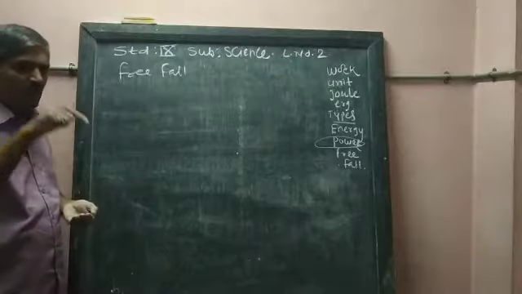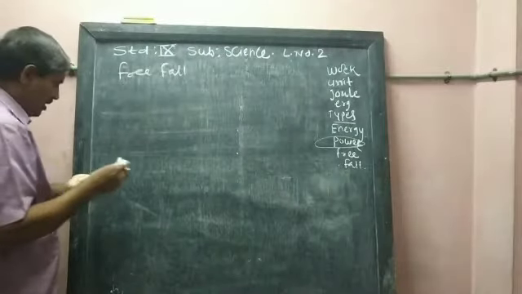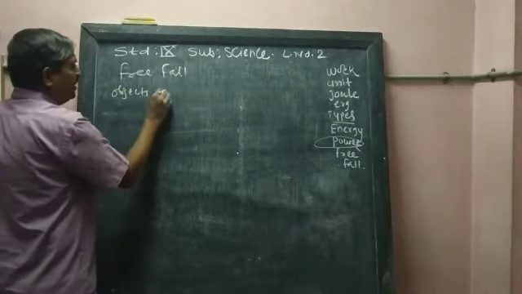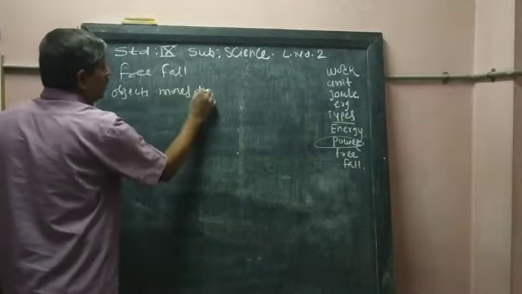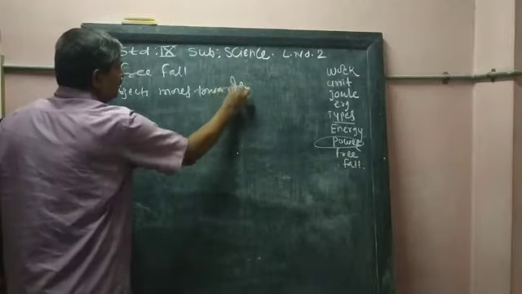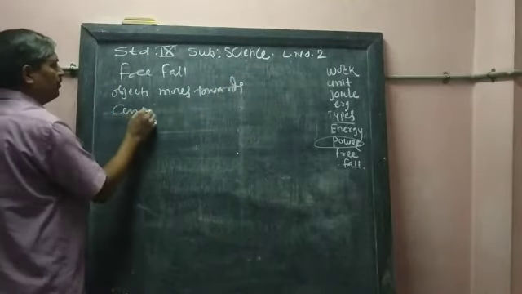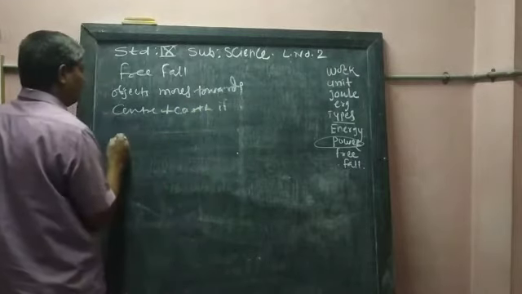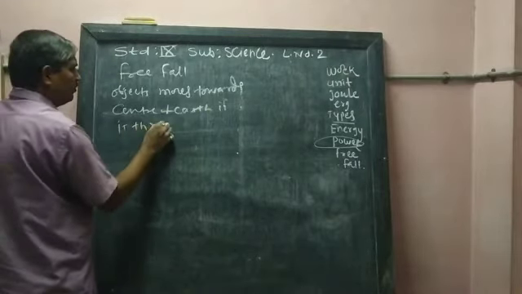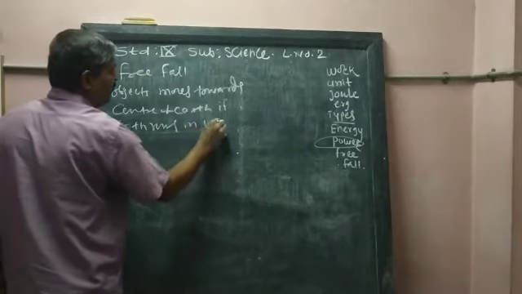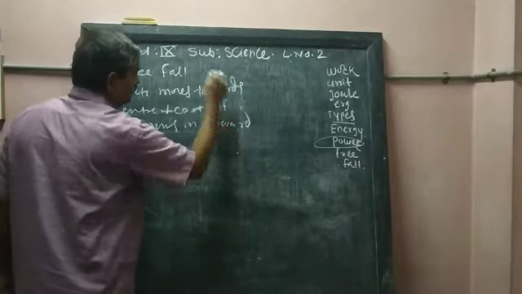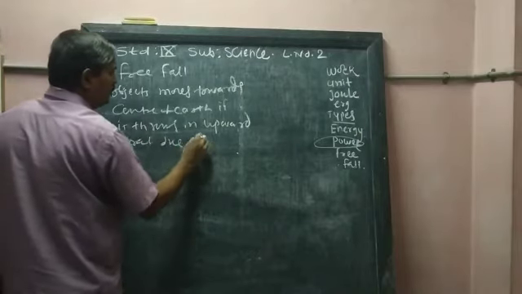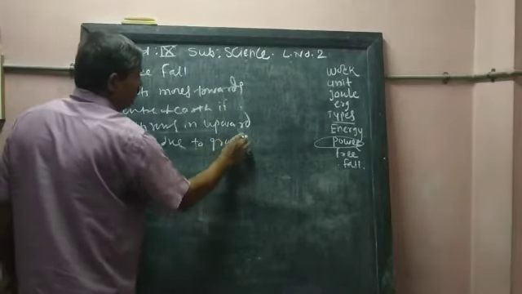Free fall means an object moves towards the center of the earth if it is thrown in an upward direction, due to gravitational force.